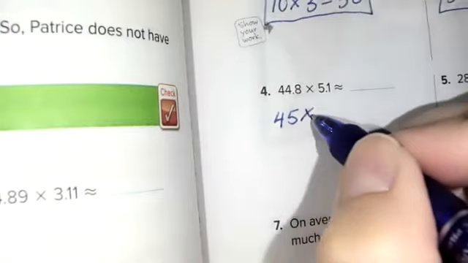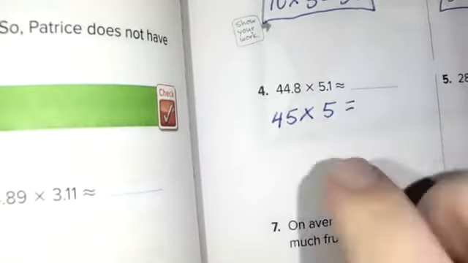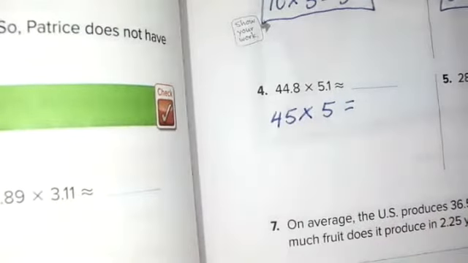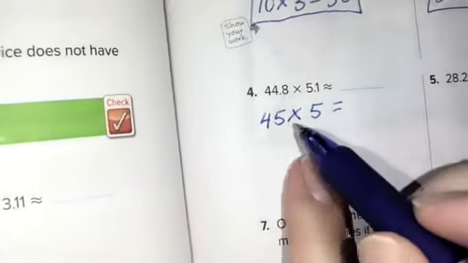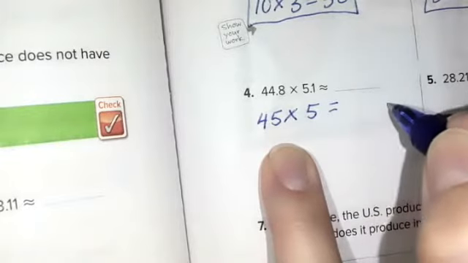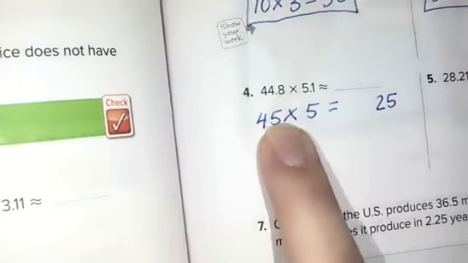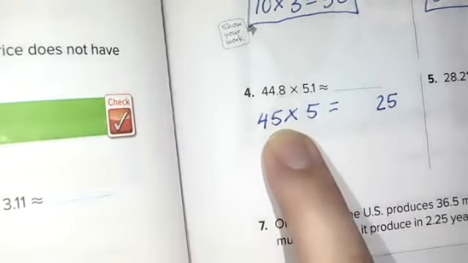And then the 5.1 is extremely close to 5. So in my head, I'm going to do this. Instead of thinking of the problem 45 times 5, because I can't do 45 times 5 in my head, but I can do 5 times 5 in my head. I'm going to leave a little space. What's 5 times 5? 25. So that took care of the 5 times 5.